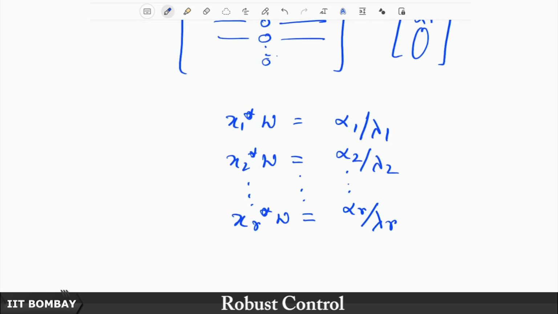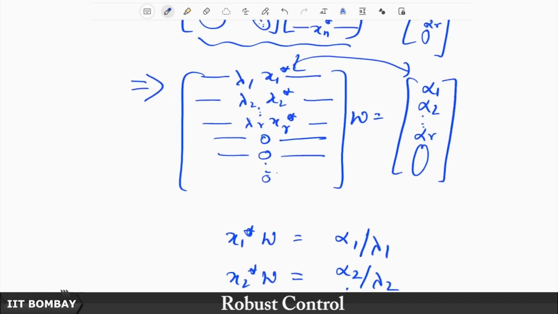So, how many parameters do you have to play around with? In w you have n parameters. So, you have n variables and fewer equations than that. So, what sort of a system is that? It is an underdetermined system.